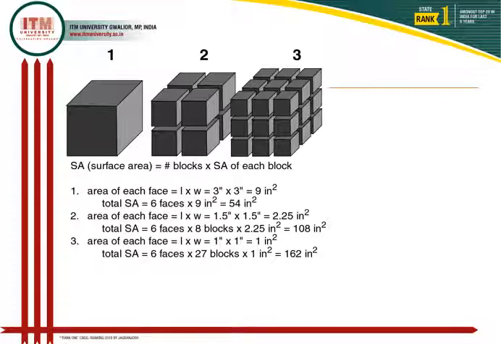In the second case, the area of each surface is 1.5 into 1.5. In the third, 1, 1, 1. Now start with this. Suppose we have only one big cube, then the area of each face will be 3 into 3, that is 9 inches square.